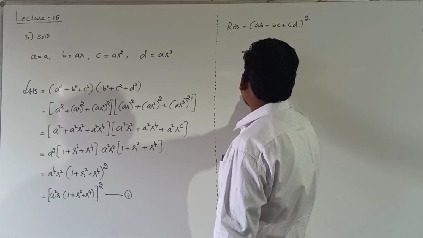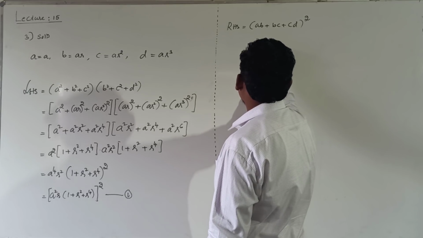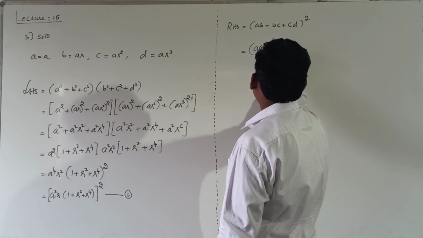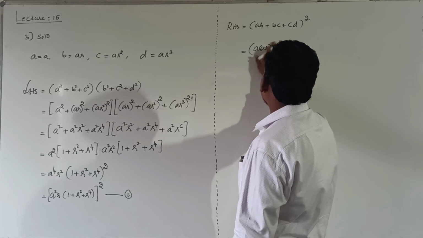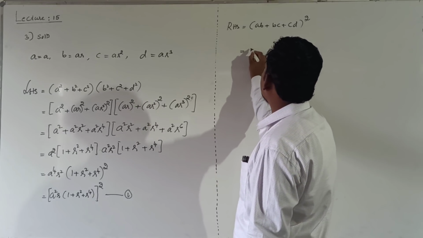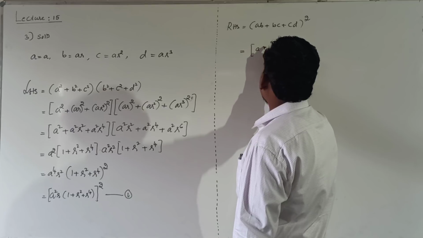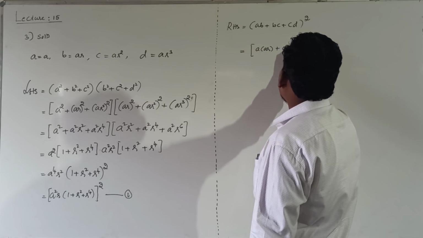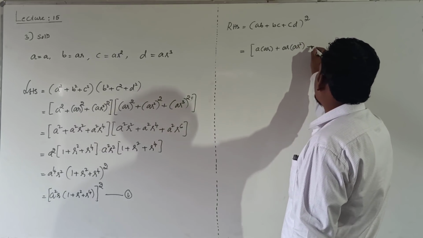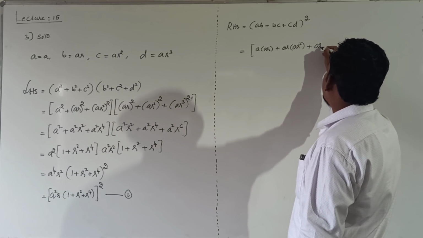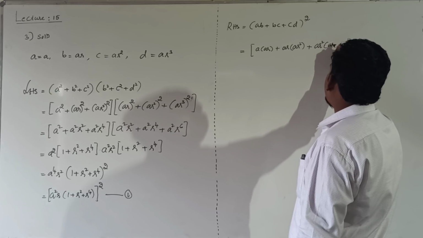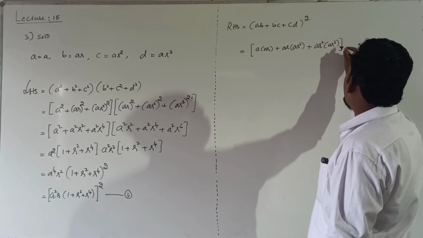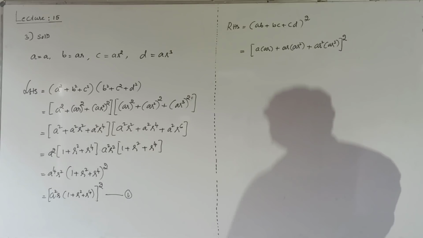Small a itself, small b is a into r, plus ar into ar square, plus ar square into ar cube. Whole square remains as it is.